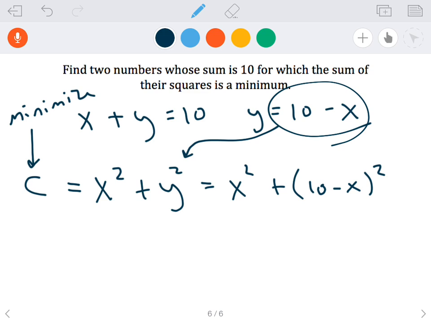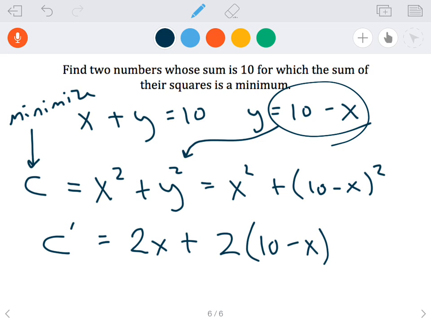I've got one variable. I'm ready to take the derivative now. C prime is 2x plus, I've got a chain rule here. So on the outside, I have 2, from the inside, and then taking the derivative of the inside is just negative 1. And then I can set this equal to 0 and solve for x.